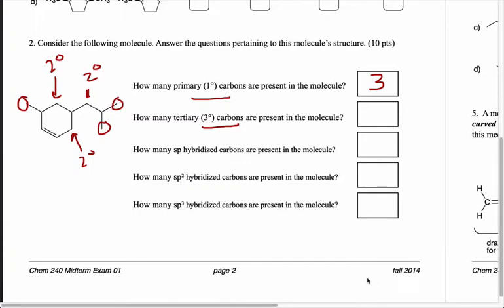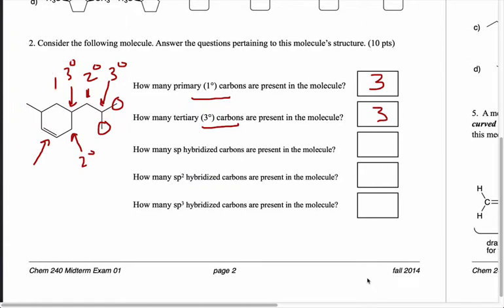The remaining carbons, we don't count this because it's a double bond, but this is attached to 3 different carbons, tertiary, and this is attached to 3 different carbons, tertiary. And there's one more. This carbon is attached to 3 other carbons, so that would be a tertiary carbon as well. So in this case, there are 3 different tertiary carbons in this molecule.